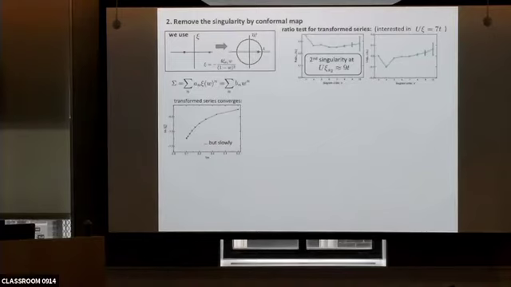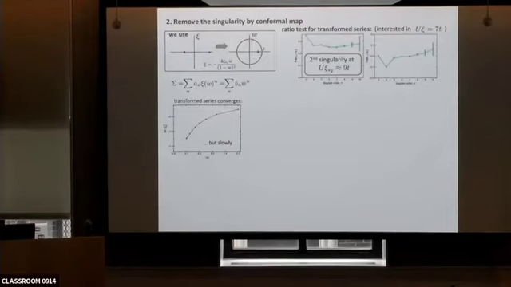Typically, it's some kind of branch cut along the real axis, and we use a map that maps this branch cut onto the unit circle, so that the physical parameter, the expansion parameter psi, which is 1 when we want to evaluate the series, is within this unit circle.